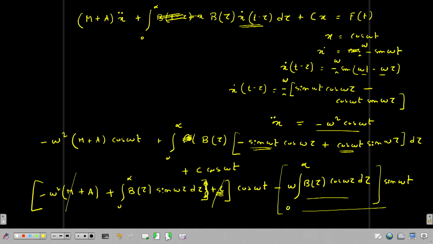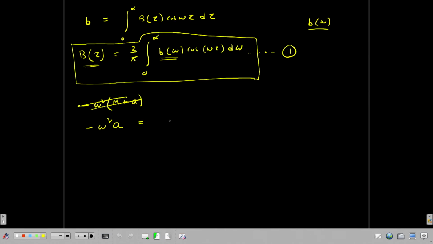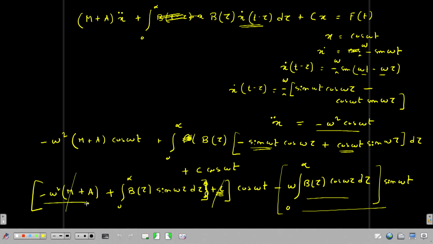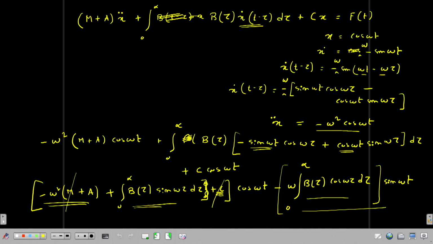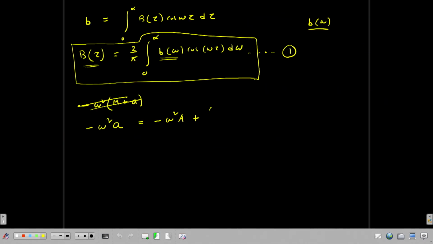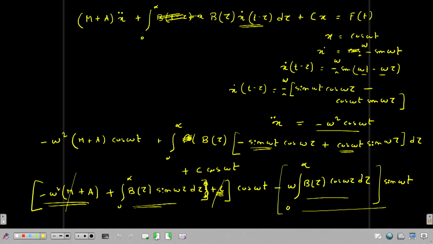So, it should be minus omega square into capital A, and also I must write plus, just copy from here, 0 to infinity b tau sin omega d tau.